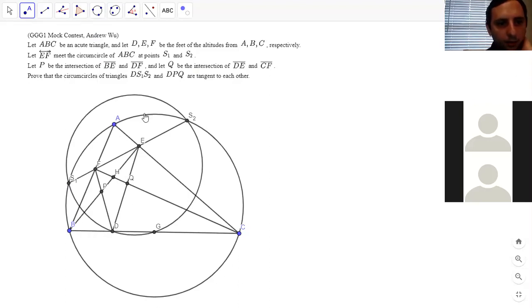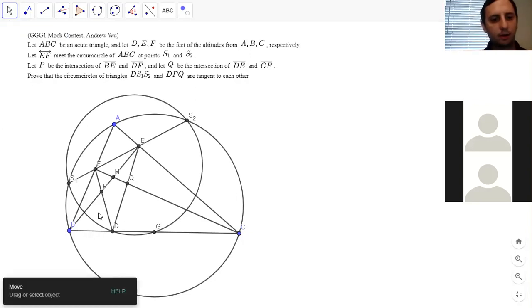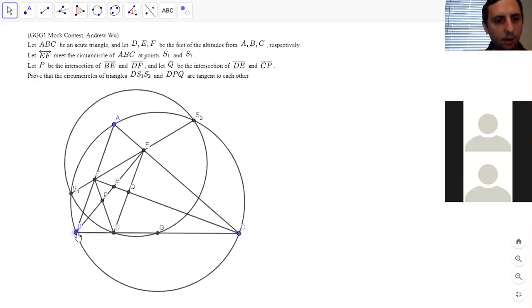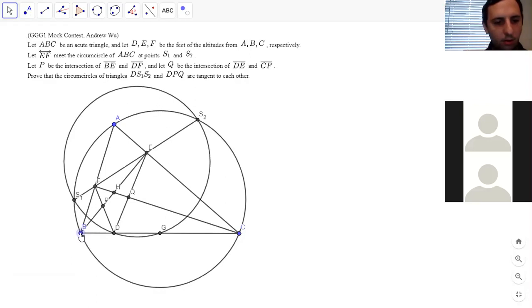Because A is the midpoint of this arc, I don't remember why, but if you intersect EF and BC, then we can prove it from power of a point and harmonics. All right. I think I did that in a previous video, so that's how we end up proving that. Okay. So for now, I'll just take it as true.